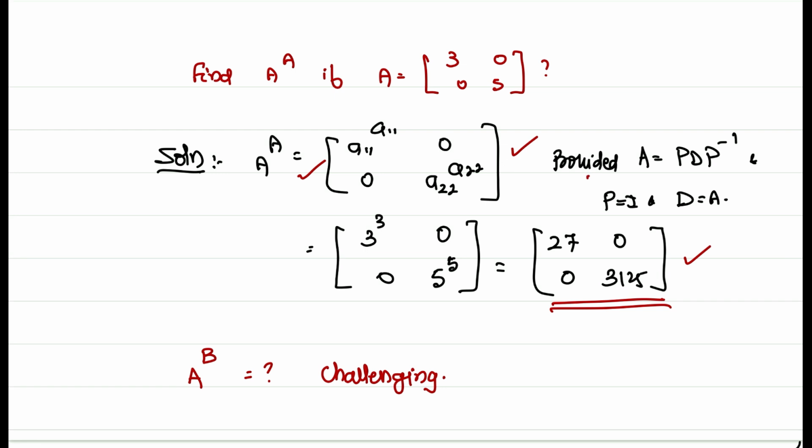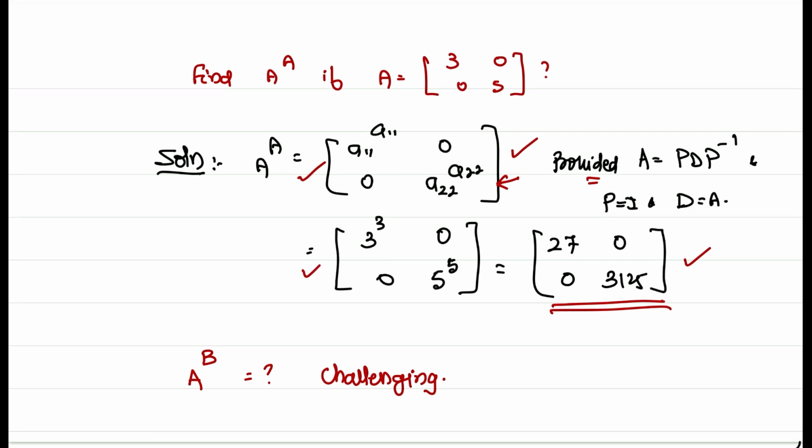For that only we have put these values. Eigenvalues, eigenvectors you find out. And in this particular problem, provided this can be used, A is equal to PDP inverse, and P is equal to I and D is equal to A has happened, hence we have directly used this formula and got the answer.